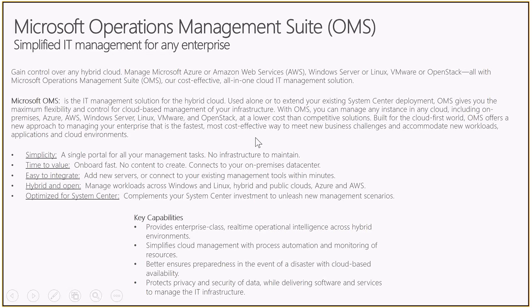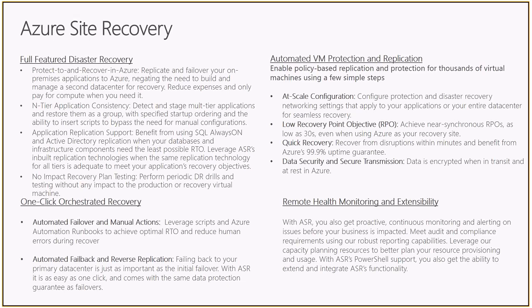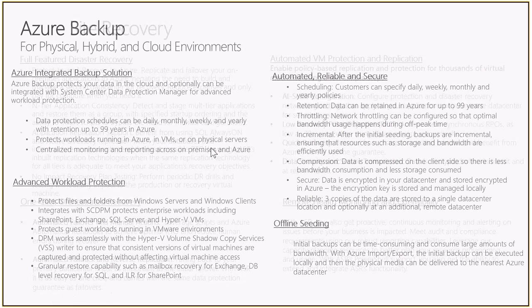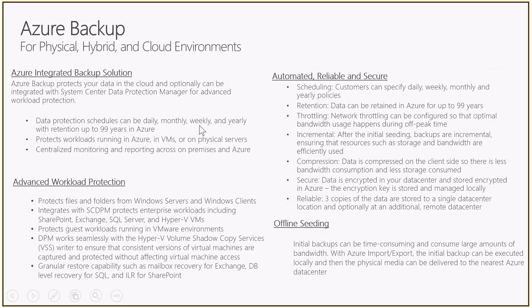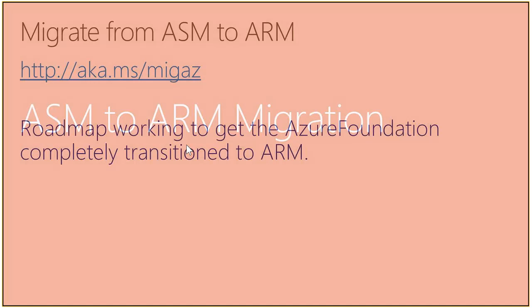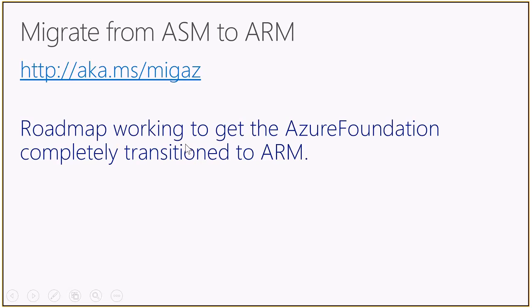Once you have OMS, you're going to see these great reports of the availability and the capabilities that you have in Azure as well as on-premise, and for that matter, on any other cloud provider that you install the agent on. If you are a customer that already has Azure deployed in the standard or classic model, we have tools to migrate it to ARM.